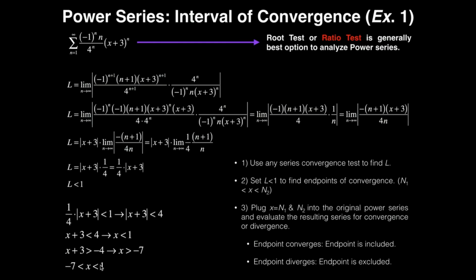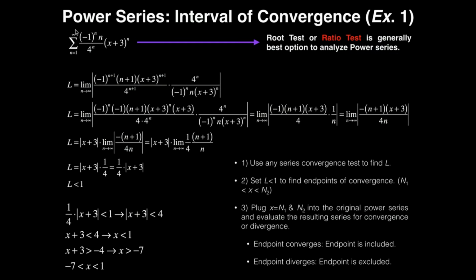We have two endpoints, and we know that between these two endpoints, so for values like negative 6, negative 5, 0, whatever, any number between these, any value of x between those will cause this power series to converge. If we look at a number outside of this range, like positive 2 or negative 8, and plug that in for x, that would cause this entire power series to diverge.